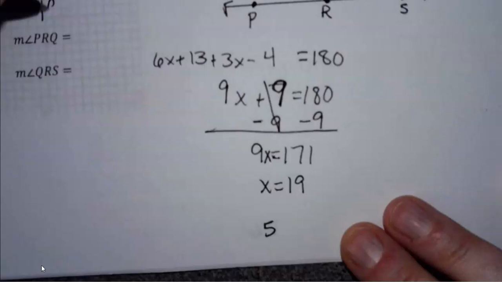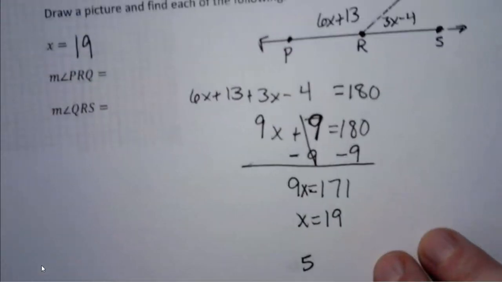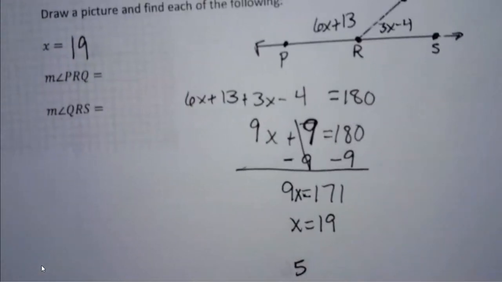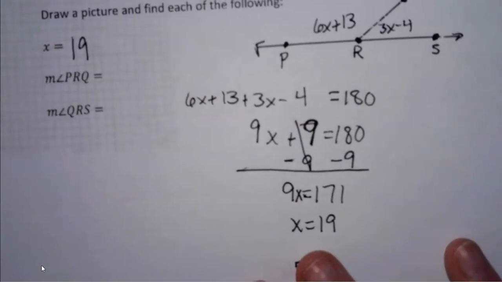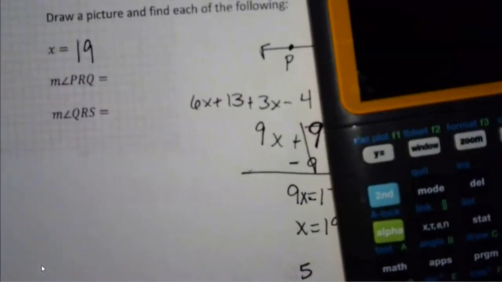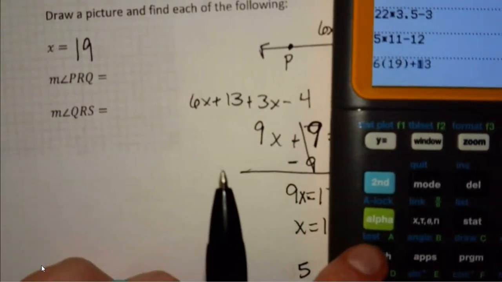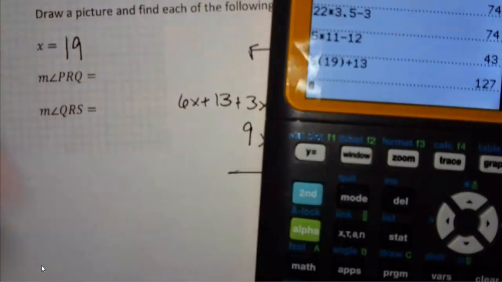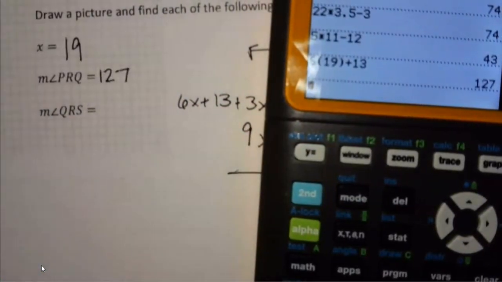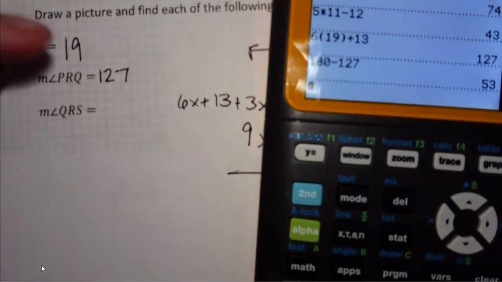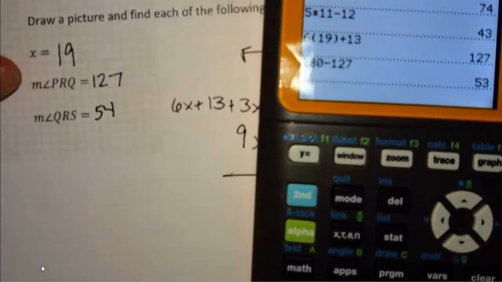Is that what y'all are getting? Nice. So x is going to be 19, and we just have to plug it in to these two. 6 times 19 plus 13 is 127. So if we did this right, this one's going to be 53.